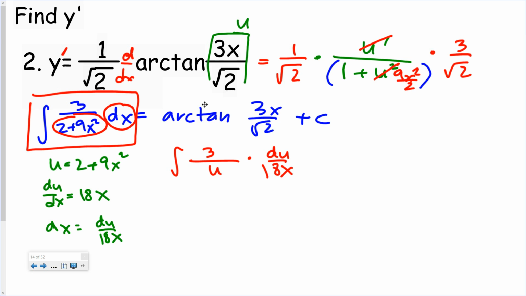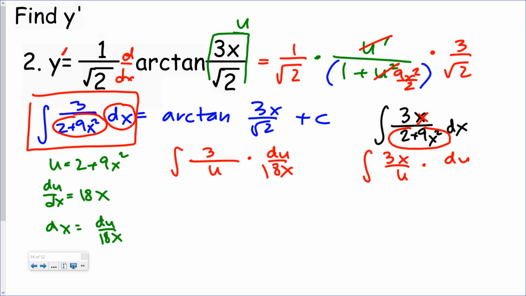Now, let me just add this in here to make sure you understand. Had my problem been 3x over 2 plus 9x squared dx, which it wasn't, but I'm going to add an x here. Had this been 3x, and I had made this my u, do you guys see that this would have been 3x over u times du over 18x? Would my x's have canceled out here? Yes.